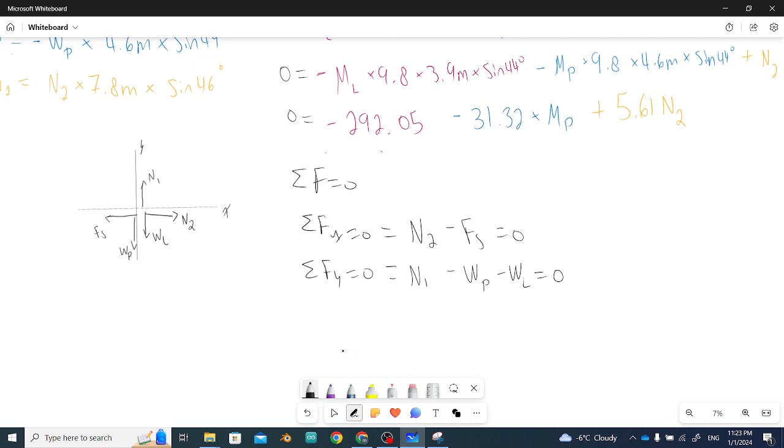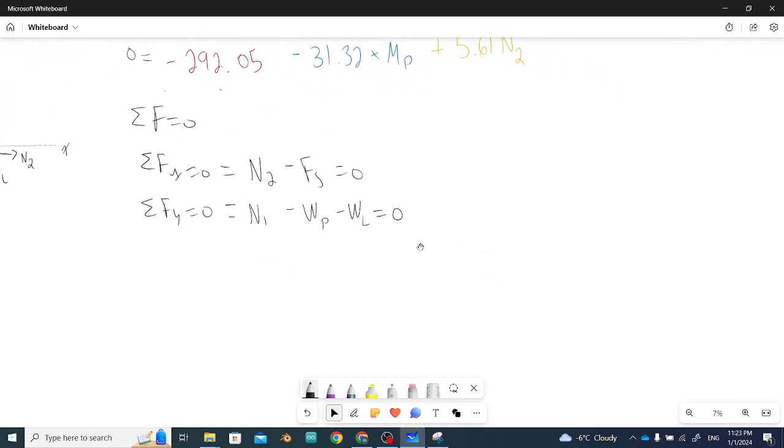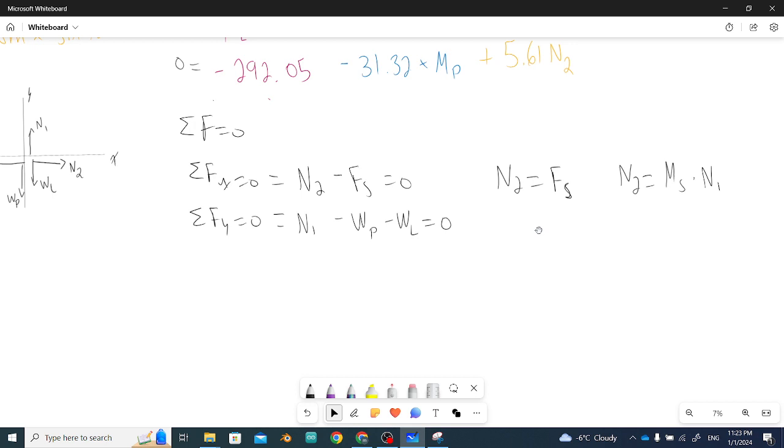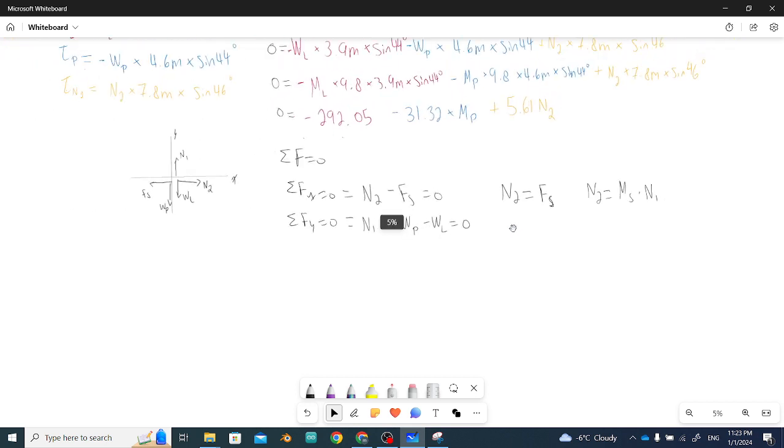Now let's work with the x first. So N2 is equal to the frictional force. And then that means that N2 is equal to mu S times N1. So frictional force is equal to the coefficient of friction times the normal force.